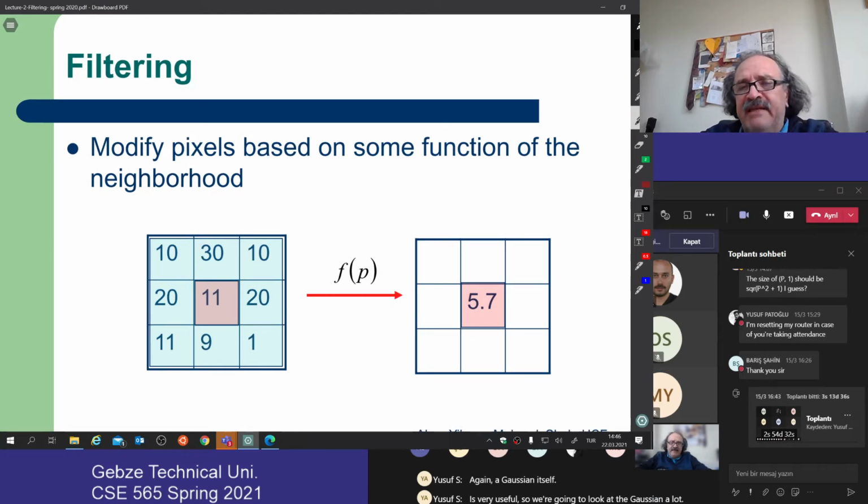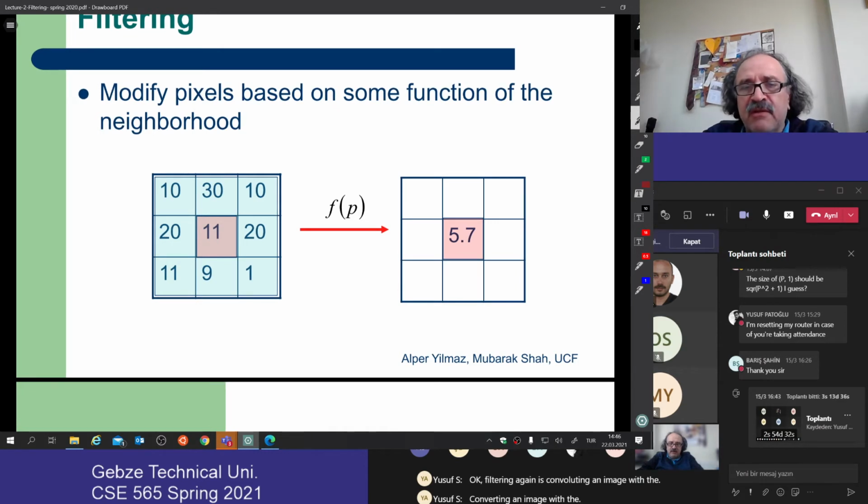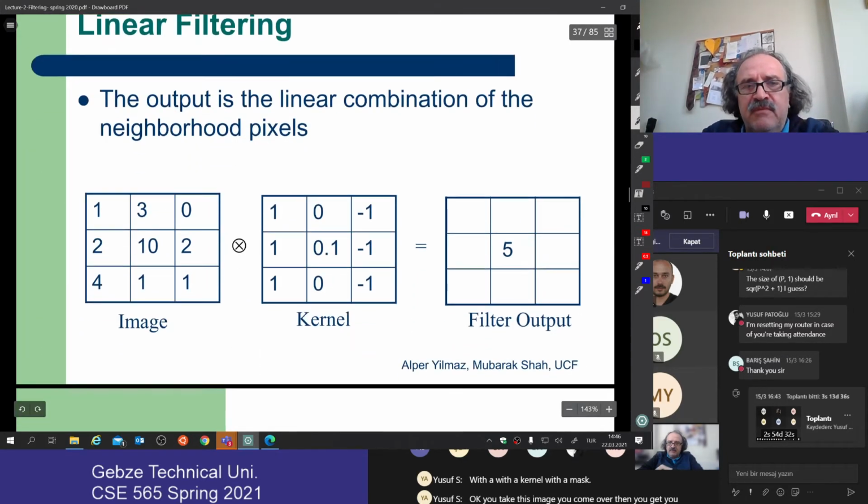Okay, filtering again is convolving an image with a kernel, with a mask. You take this image, you convolve it, and you come up with a number. If this is the image, if this is the kernel, convolution means that 1 times 1 plus 0 times 3 plus minus 1 times 0 plus, if you do the arithmetic, you are going to get 5 here.